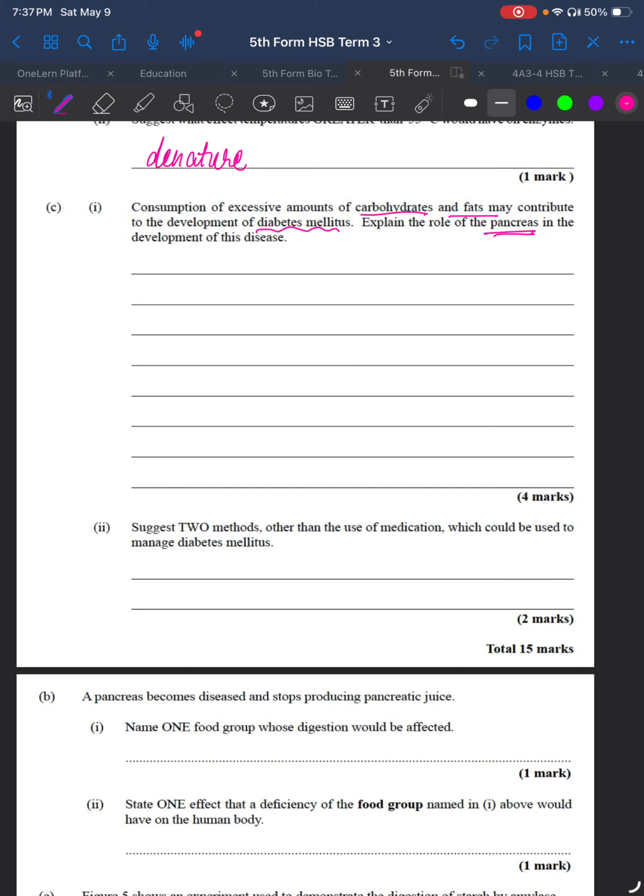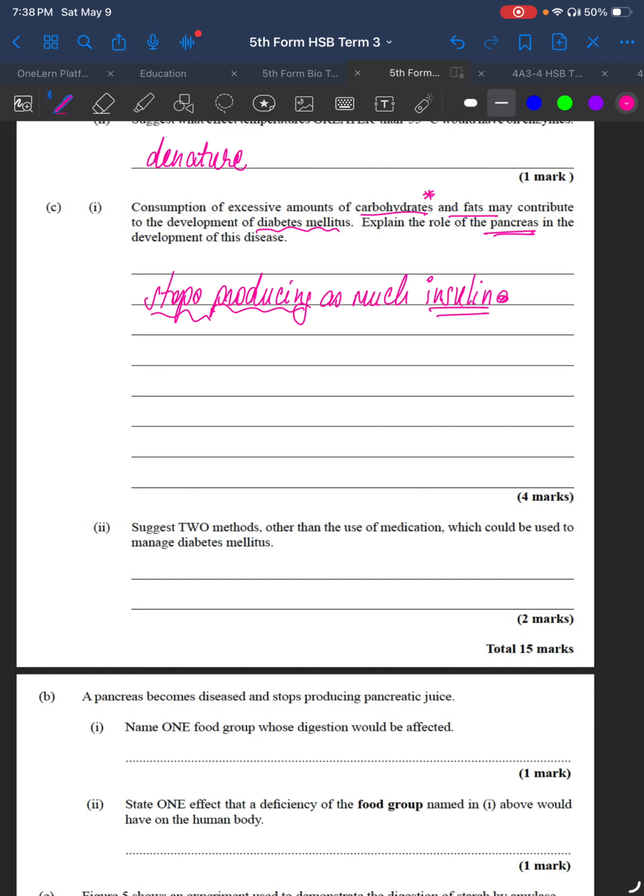But if the pancreas stops producing as much insulin as it used to, and sometimes this happens as persons are overweight, as well as their diet, as this is saying here, is high in carbohydrates, and they're not exercising, then they can stop producing or produce much less insulin.